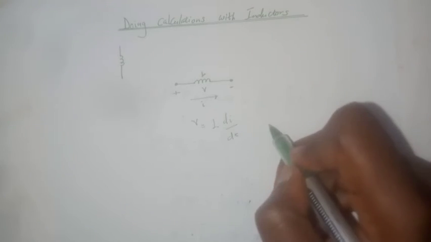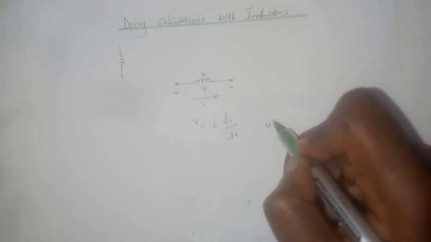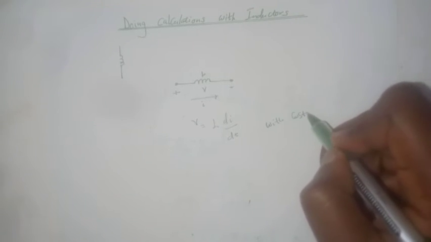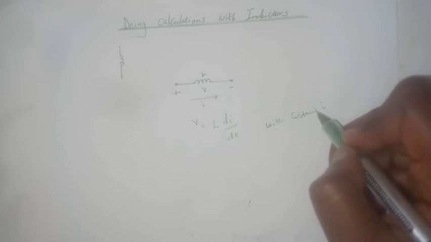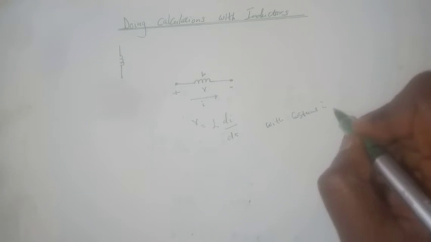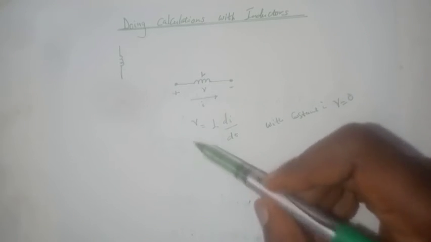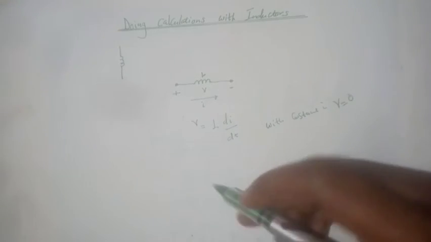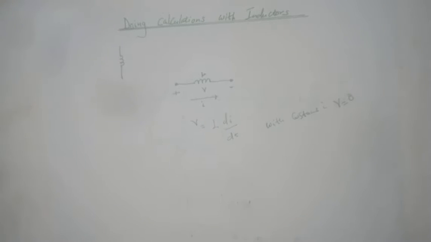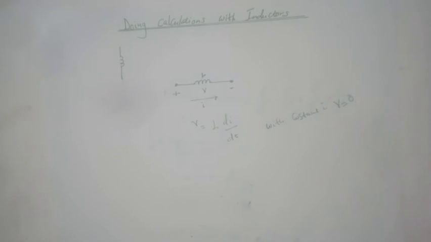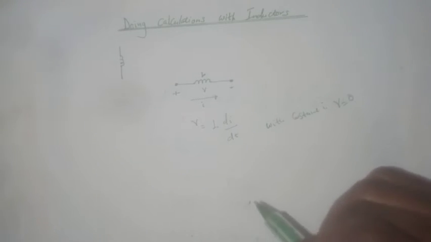So that means that with a constant I, V would be 0. So when you apply constant current across an inductor, the voltage drop across it will be 0. It will act as a short circuit. So in a DC circuit, you can as well replace an inductor with a short circuit.